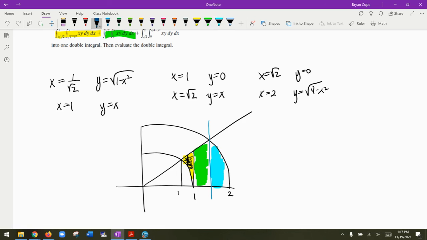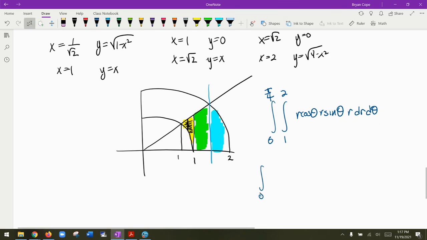All right, so putting all that together, we're taking the integral from 0 to pi over 4 and 1 to 2 of r cosine theta, r sine theta, r dr d theta.